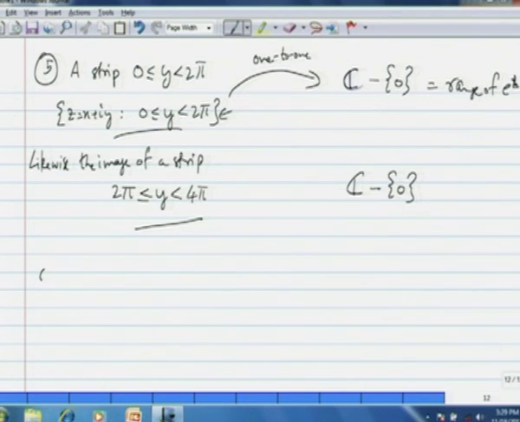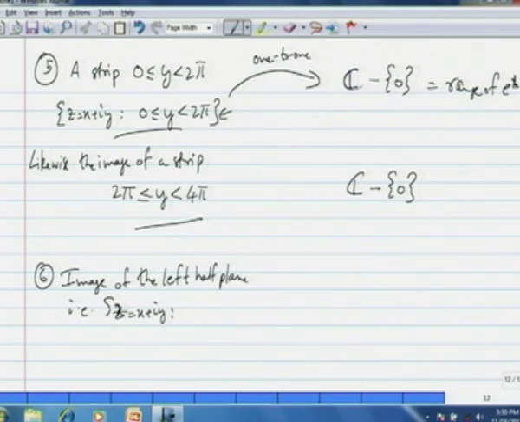Let me say that one can observe the image of the left half plane, that is, the set of all z equals x plus i y such that x is strictly less than 0.